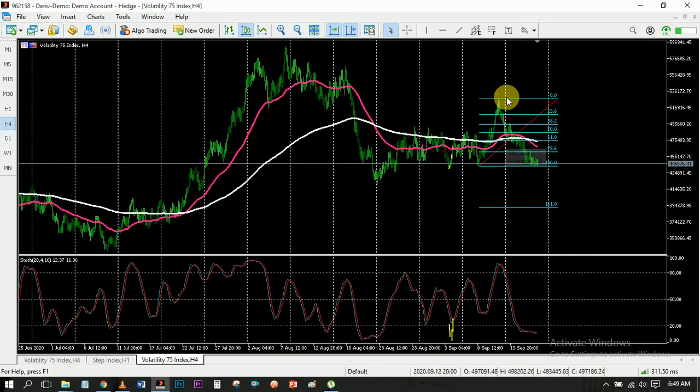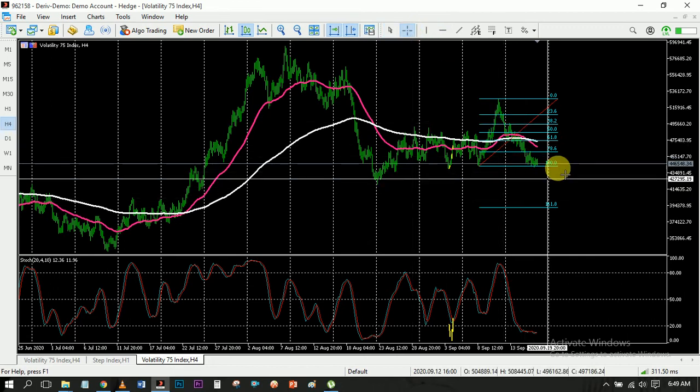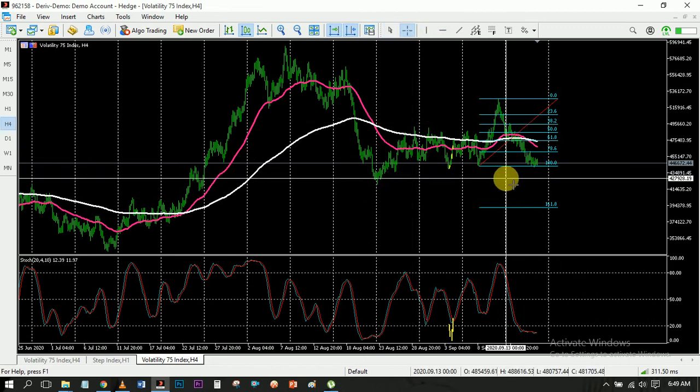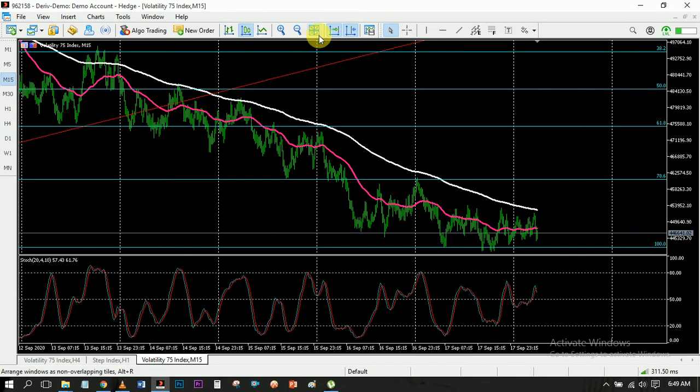Now I want to see the beginning of this week. This week was on the, let me see, was on the 13th. So let's go to our 15 minutes chart. Now let's look for the 13th.